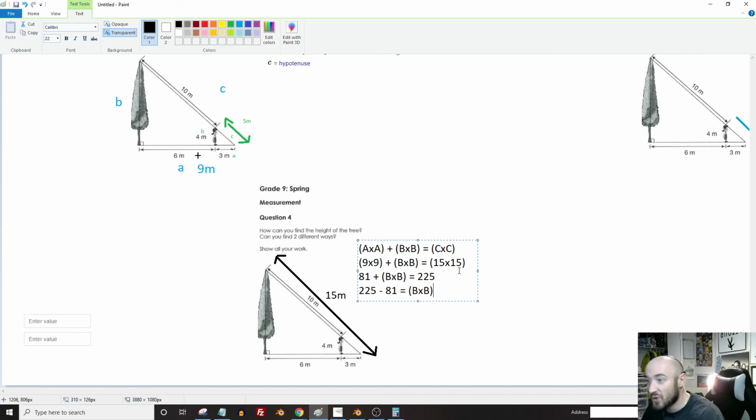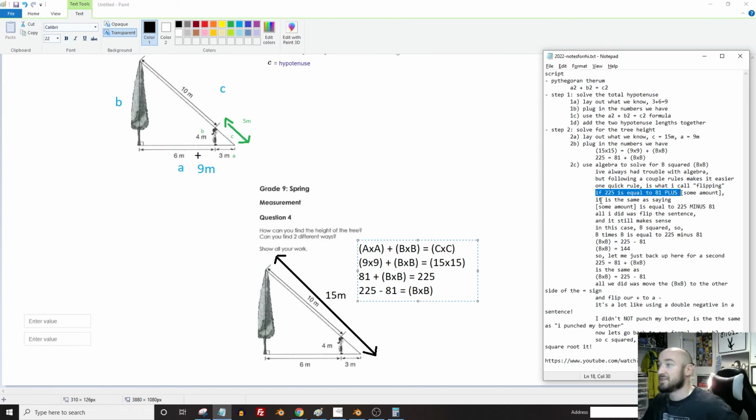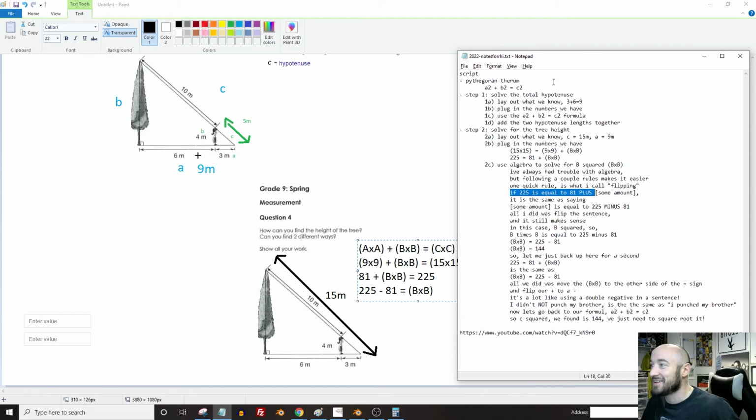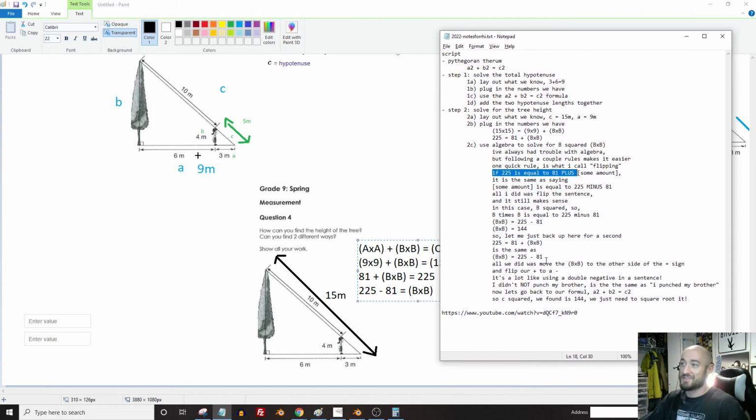Now, I'll go over this once more because it's a lot like how flipping double negatives in English sentences works. I didn't not punch my brother is the same thing as saying I punched my brother.